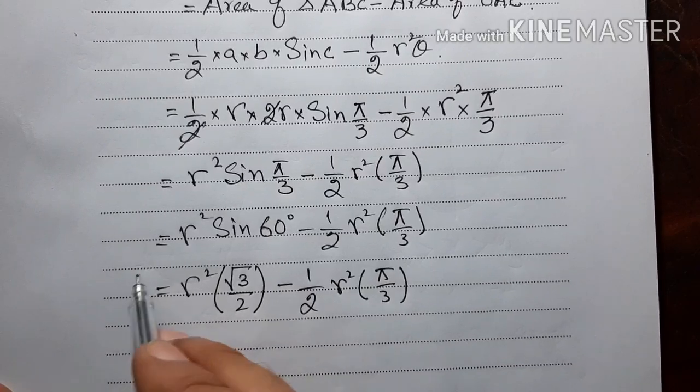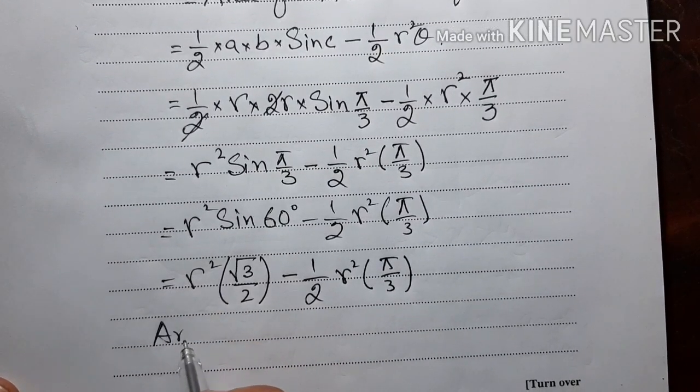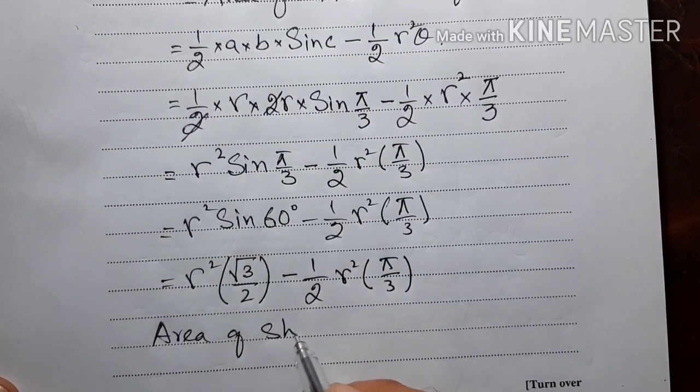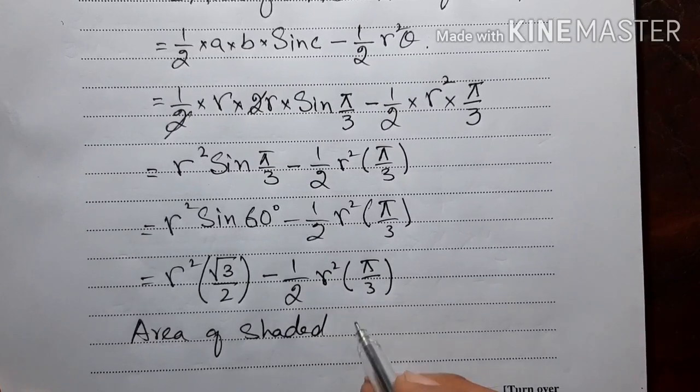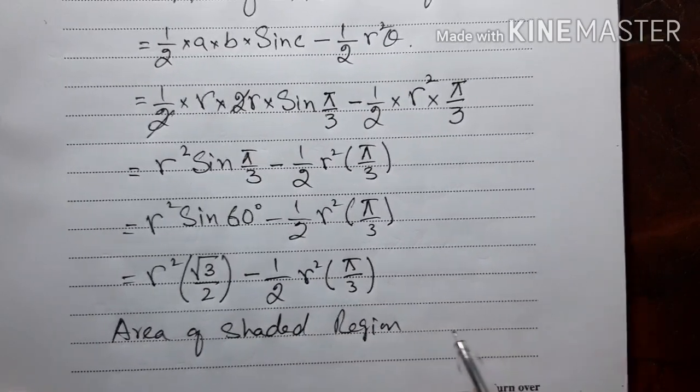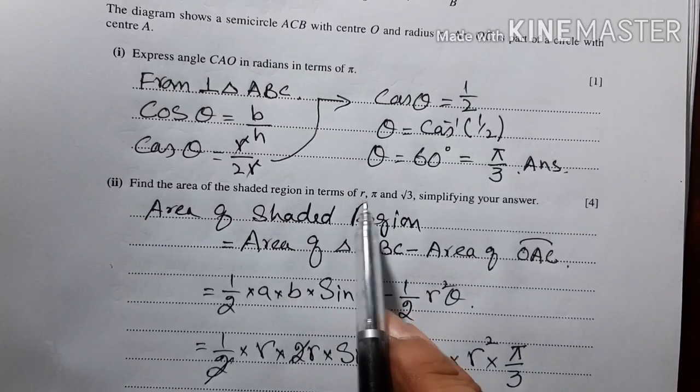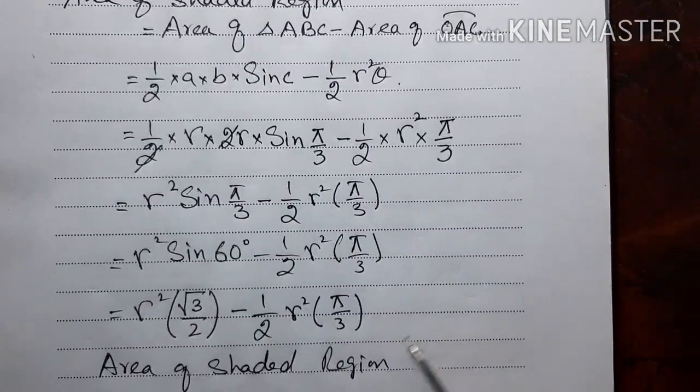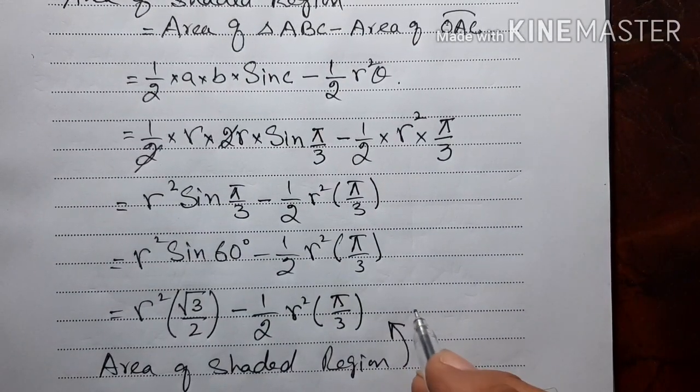This is the area of shaded region in terms of r, pi, and root 3, so this is our answer.